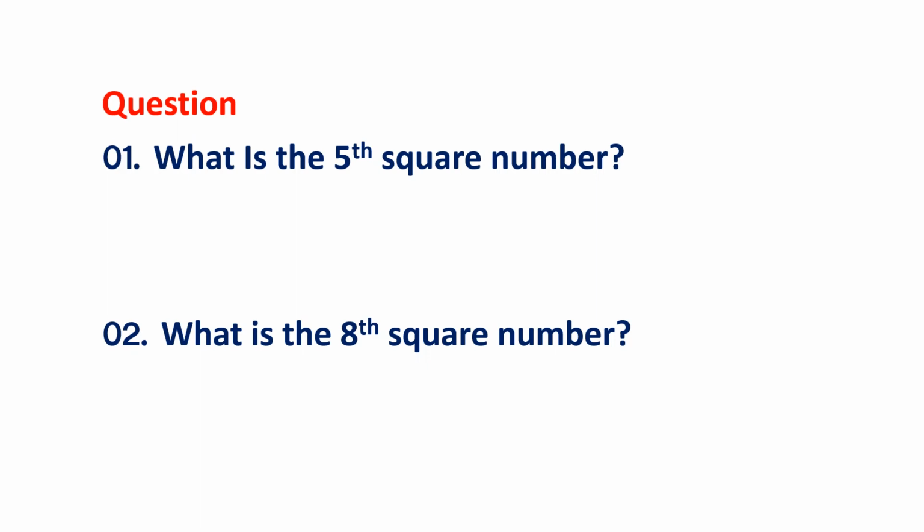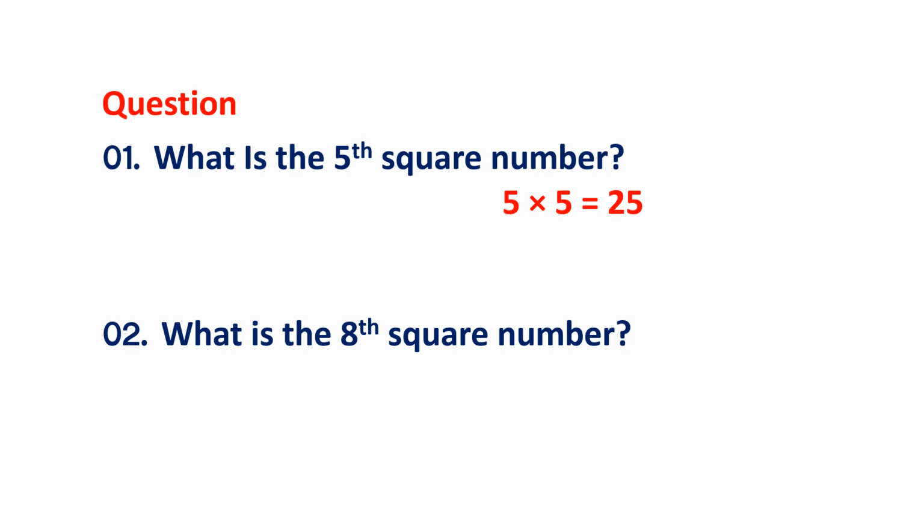So my first question is, what is the fifth square number? Therefore, to obtain the answer, I have to multiply 5 by itself. That means 5 multiplied by 5. My answer is 25. So, 25 is my fifth square number.